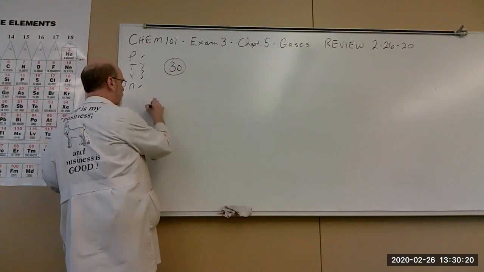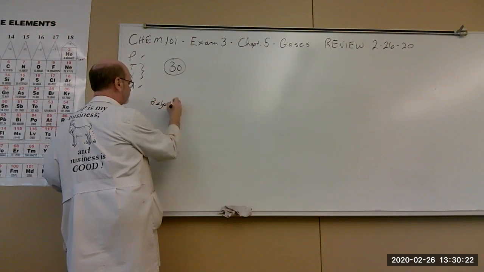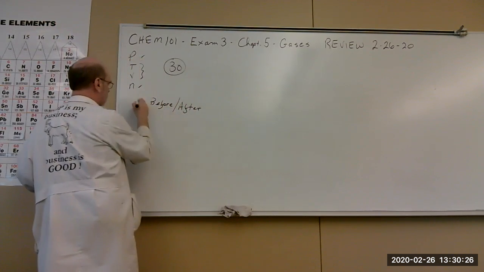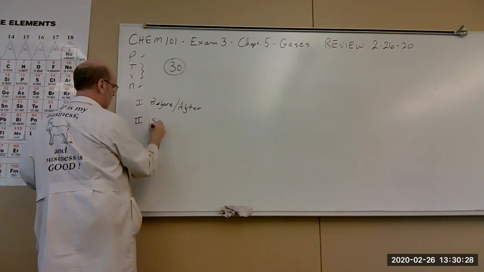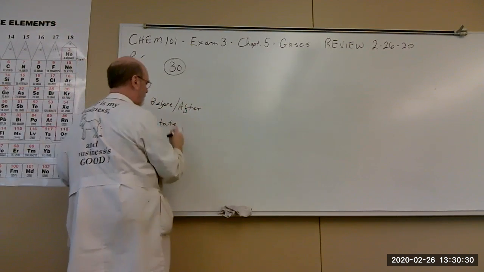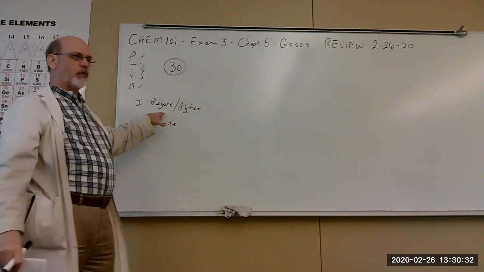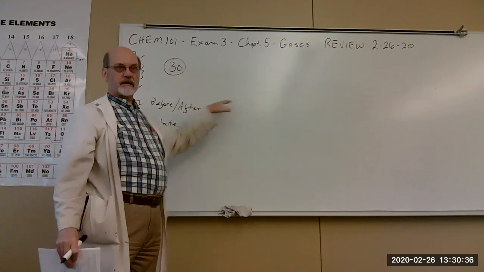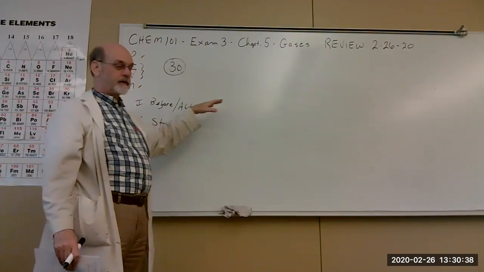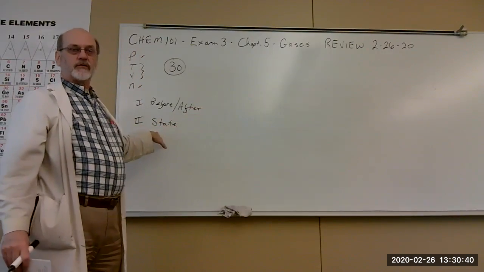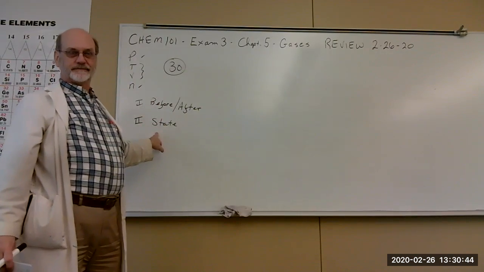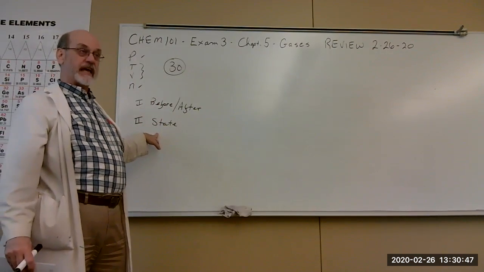There's what I call before and after, and then there's the state. Before and after is where you know conditions before and you change the conditions for after. The state function is one where you're just given the conditions right now. What do you do with it? There's no change indicated.